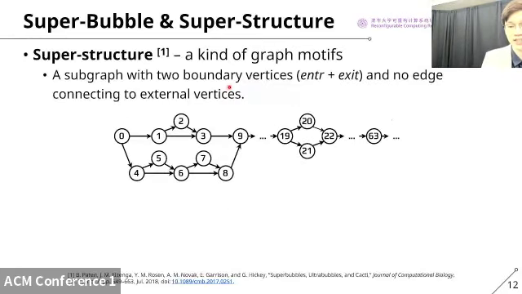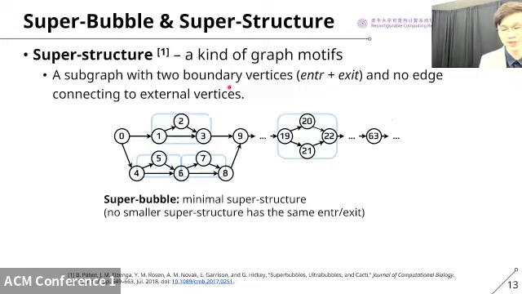Here we leverage a kind of graph motif called a superstructure. We can see a superstructure, as shown in the blue regions, as a subgraph with only two boundary vertices, an entrance and an exit. For example, here we have an entrance vertex and an exit vertex, and there are no other edges connecting from the inside subgraph to the outside world.